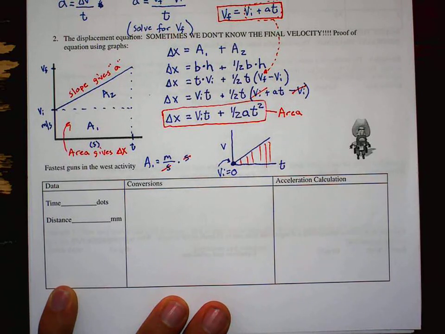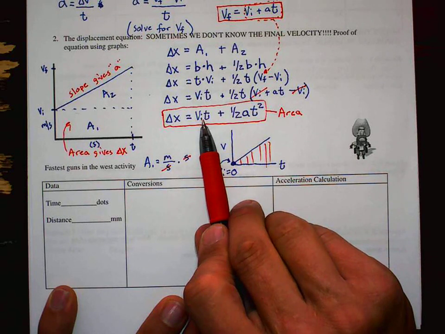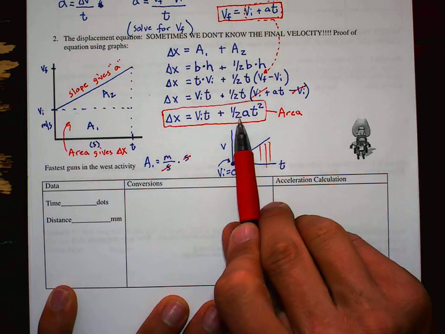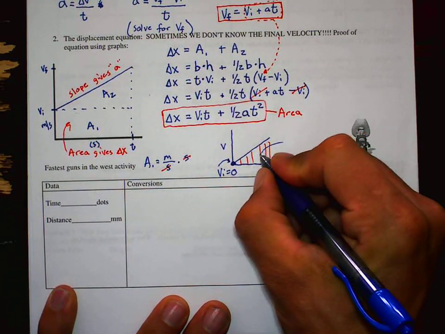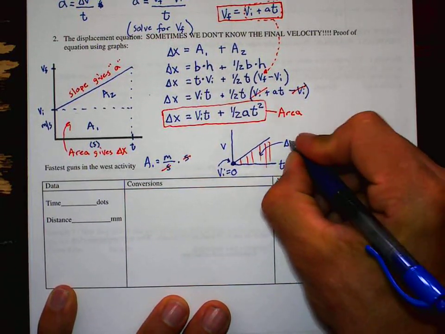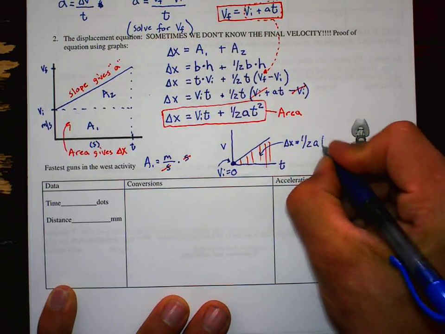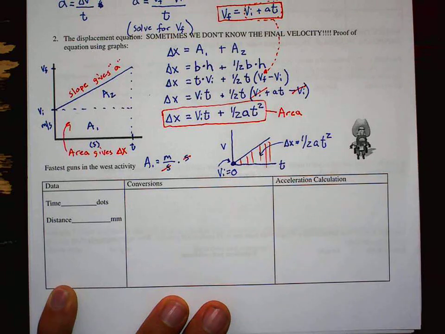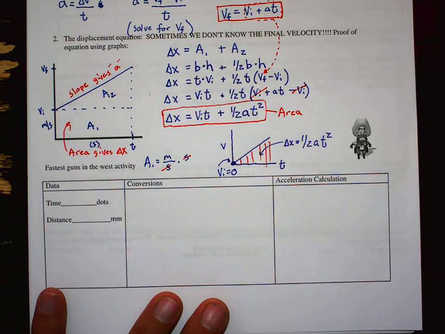If we look at this equation right here, this was 0, so what does the equation become? It's just this triangle equation. So we have for right here, delta x equals 1/2 at squared. The VIT went away. We will use it in that format a lot.